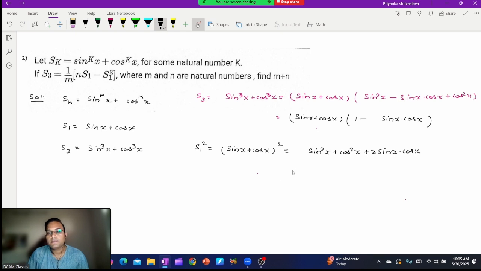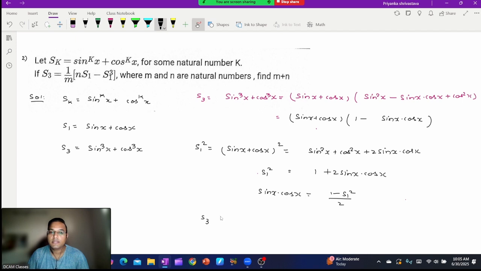So it will become 1 plus 2 sin x cos x. So I'll substitute the value of sin x cos x from here. So sin x cos x will become (S1 square minus 1) by 2. And I can substitute now in the above equation.